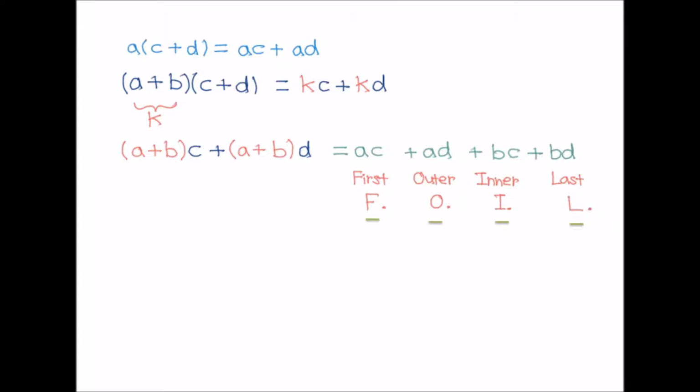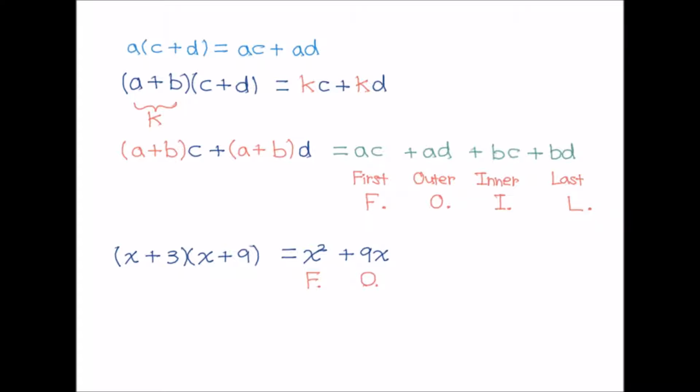And by using this acronym of FOIL, we will be able to solve all these problems involving the product of two binomials. So let's do an example: (x + 3)(x + 9). Multiplying the first terms, x and x, we get x² as our first term. Multiplying the outermost terms, x and 9, we get 9x for our outer term.